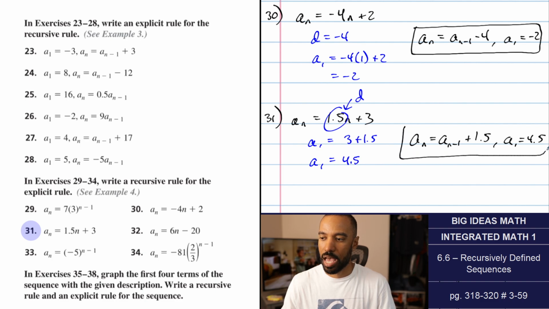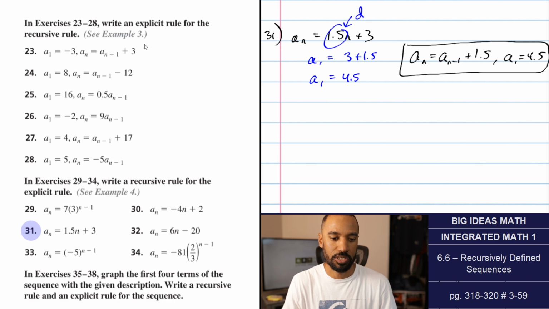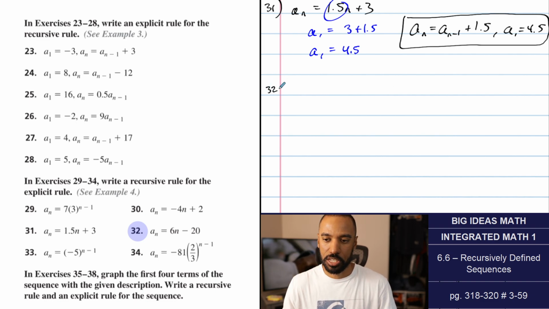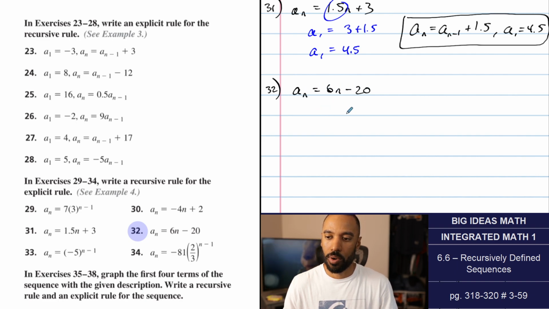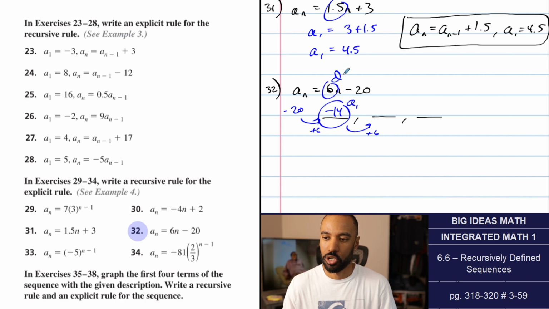So maybe we can use that moving forward for this next problem in understanding what exactly is going on. You know, when you write out your list, you go from negative 20 and add 6 each time, but negative 20 is not the first term, it's the 0th term. So 6n minus 20. So as far as your list goes, here's this negative 20 right here, plus 6, that common difference, and plus 6, etc. So negative 14 is your first term, and 6 is your common difference.